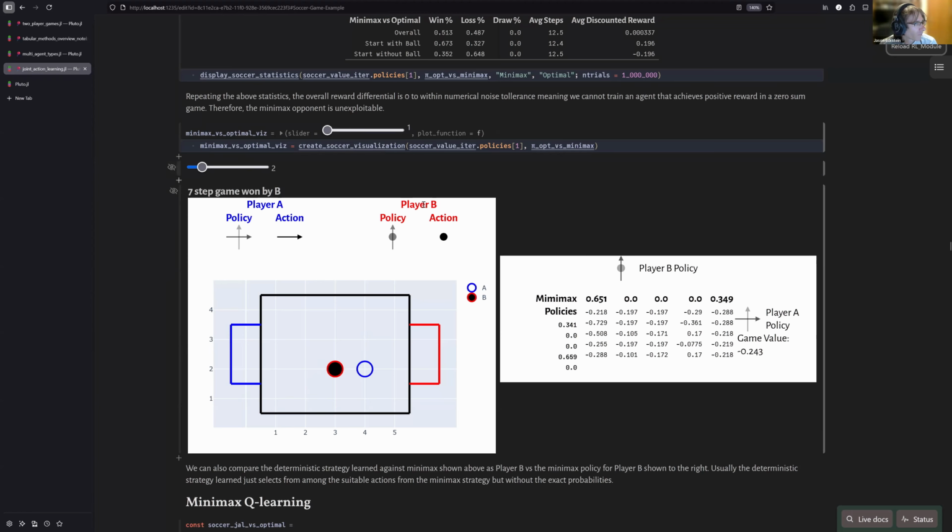So player B again is the optimal opponent, and we're going to see some of its probabilities are split, but these are always going to be even splits of probability, because we're learning a deterministic policy where there are even probabilities split between all of the equally optimal actions.